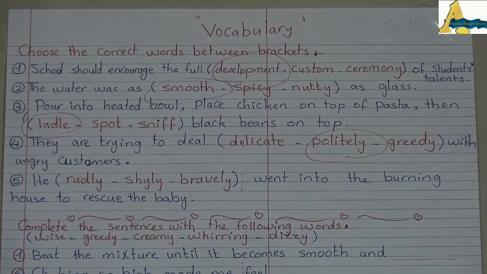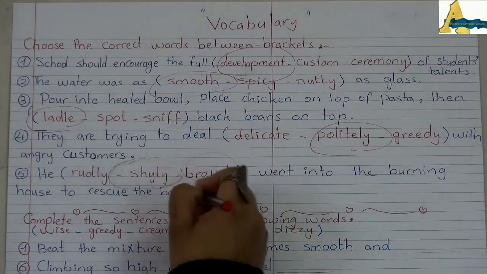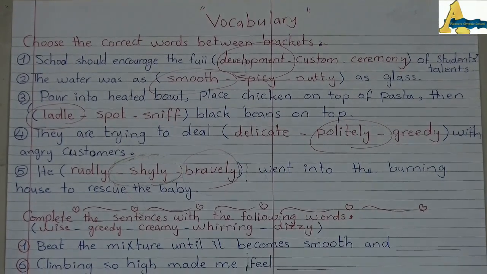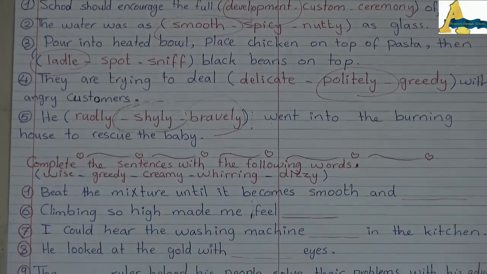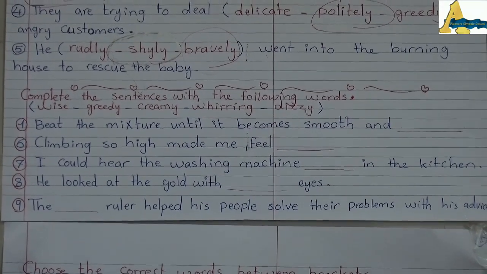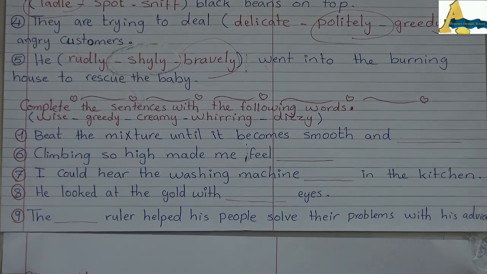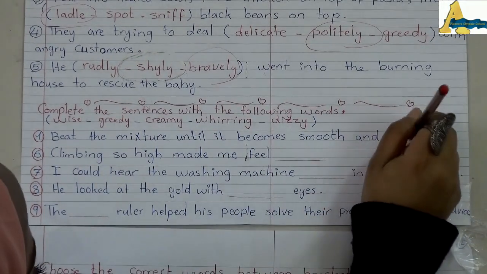Number 5, he bravely went into the burning house to rescue the baby. Next question, complete the sentences with the following words. Number 1, beat the mixture until it becomes smooth and, of course, creamy.